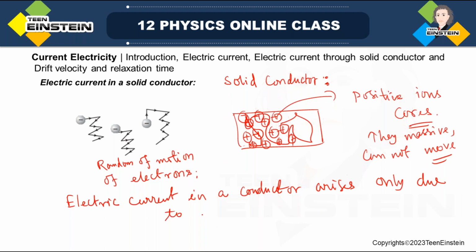Only due to electrons we get the electric current in a conductor, because the positive ion cores or the atoms are very massive and they cannot move from one place to another and do not contribute to the electric current.